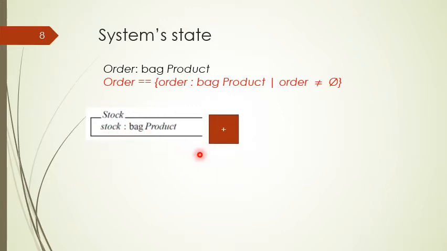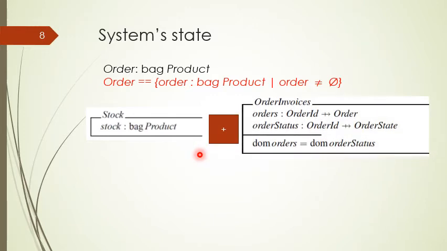And then we introduced another schema, order invoices, which contains two system state variables, orders and order status, and both of these two state variables are partial functions.